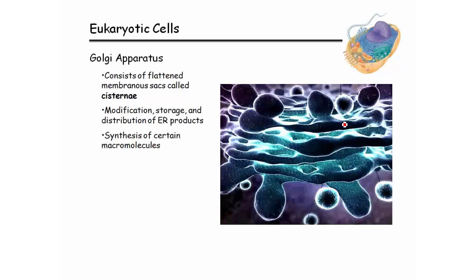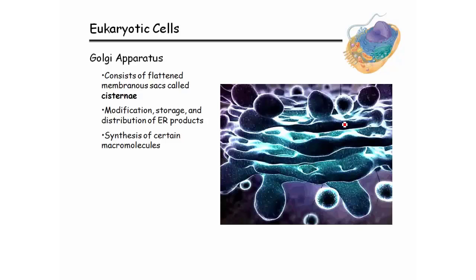But just because things are made in the ER doesn't mean that they really have the finishing touches put on them in the ER. So what will happen is the ER will be making things, and then it will package them into a little vesicle. We said vesicles are going to be like little cargo carriers. So we'll have something packaged inside there.